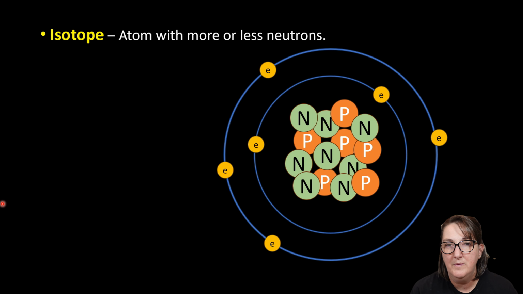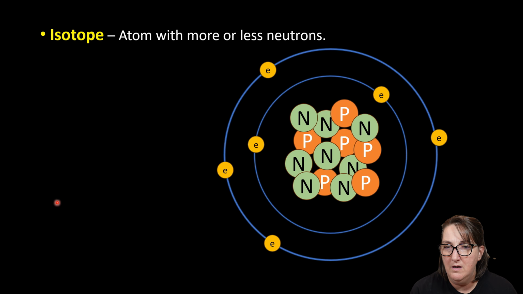So an isotope is an atom with more or fewer neutrons. So here, let's see what element I have. Stop for a second and see if you can figure out what element I have right here. If you remembered, protons is what makes this element this element. I count the number of protons. I have 1, 2, 3, 4, 5, 6. This is carbon.